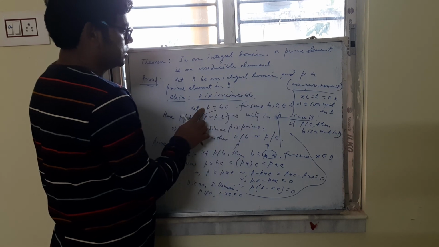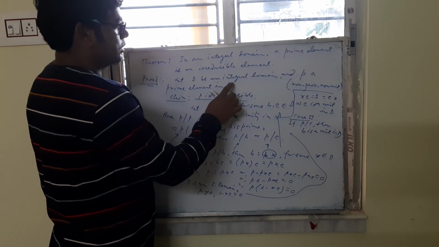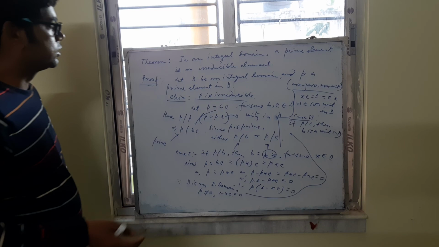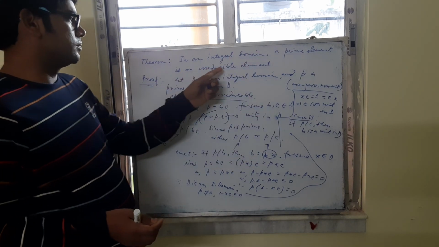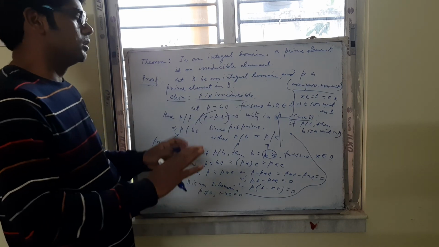So P is an irreducible element in D. So the theorem is established that every prime element is an irreducible element in an integral domain.